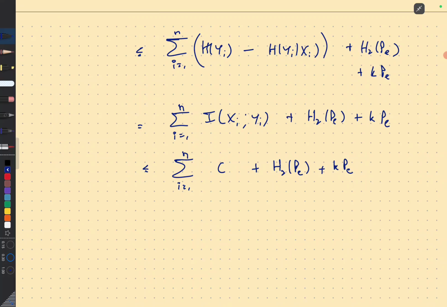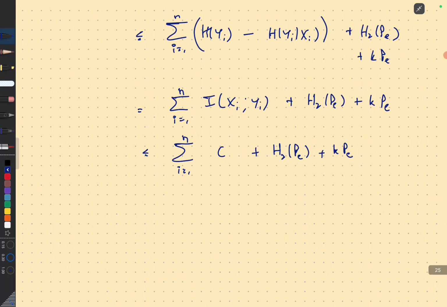Why is this true? Because it is the maximum. By definition, C is equal to the maximum of I(X;Y) over all possible Px. Right? So for each of these I(xi;yi), the Py given x is the same, right? Because it's the same channel that you're computing the mutual information of.